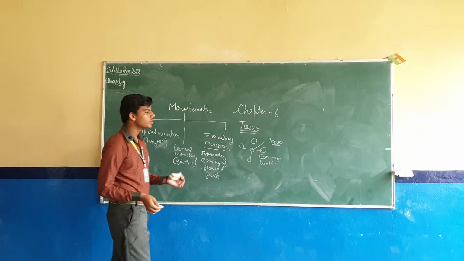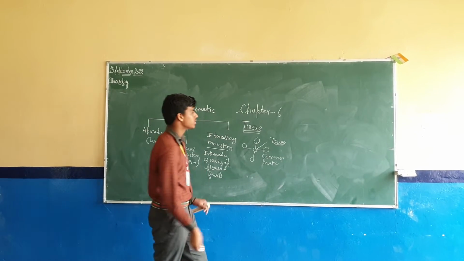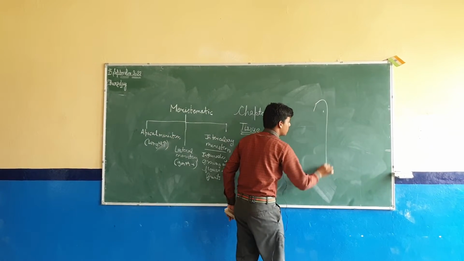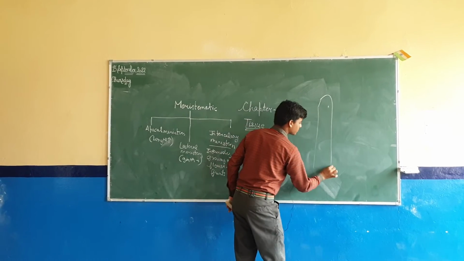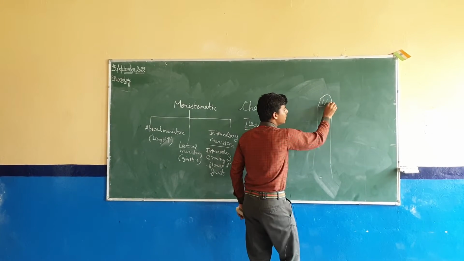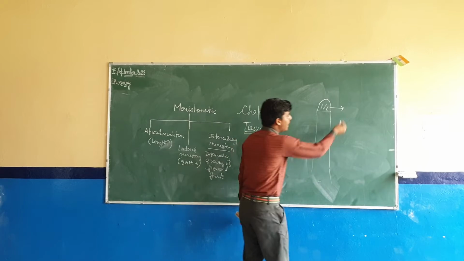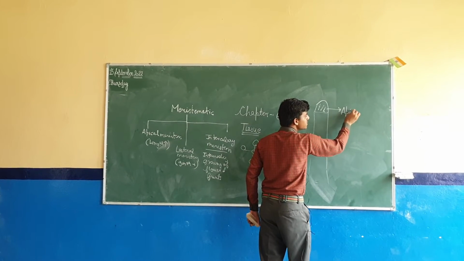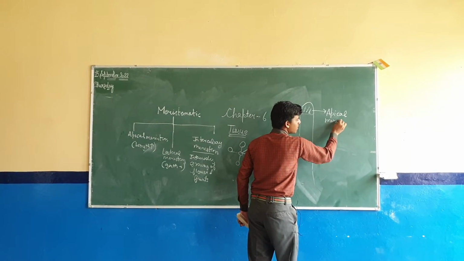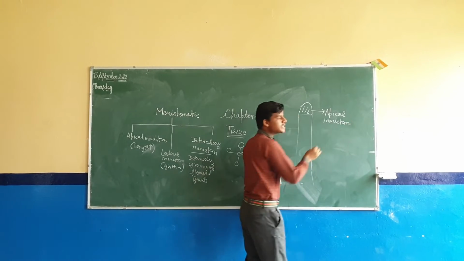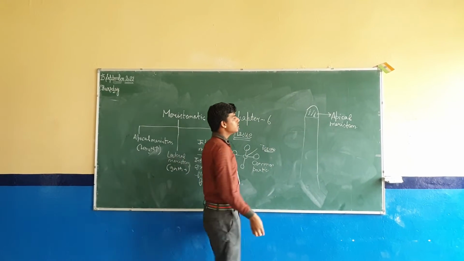Now we will discuss the diagram of meristematic tissue types. It is the growing tip of a root and stem, and here is my apical meristem. It is responsible for increasing the length of the plant.